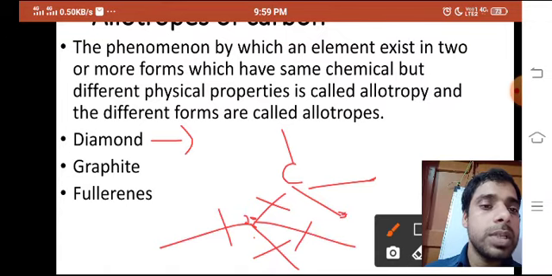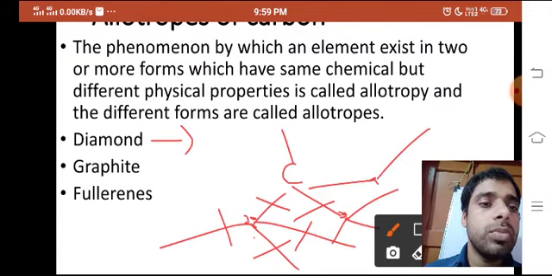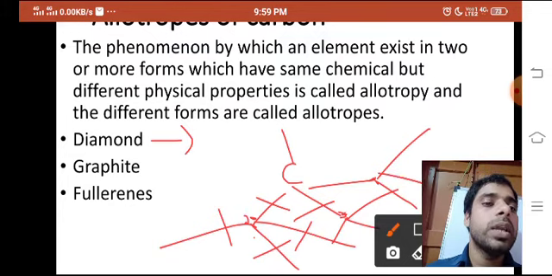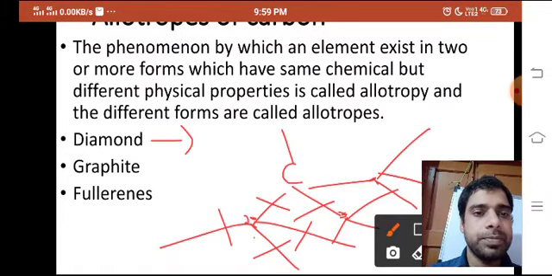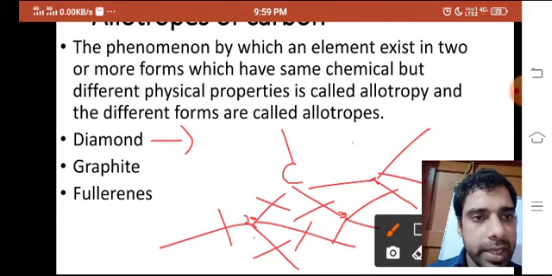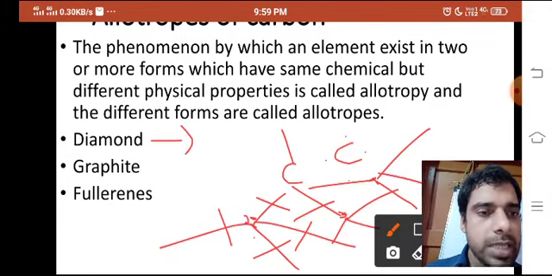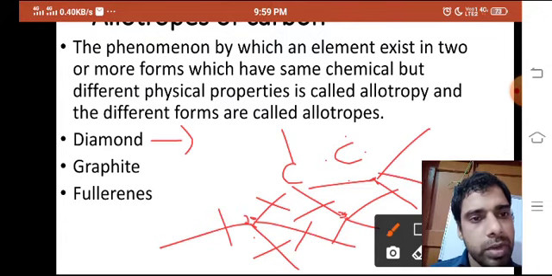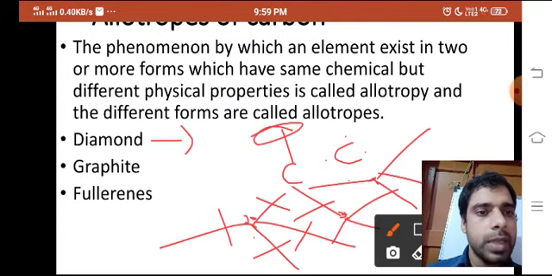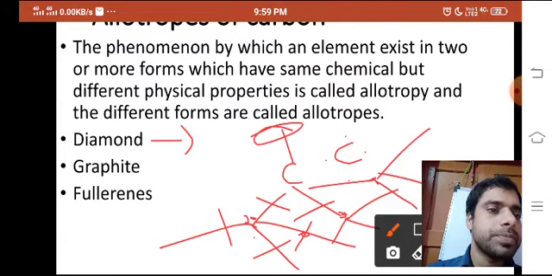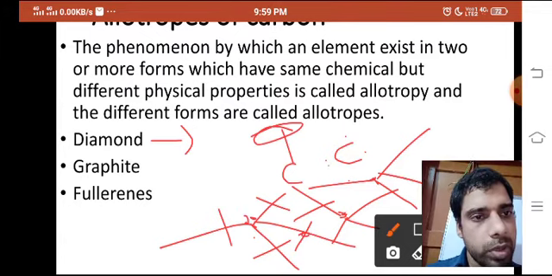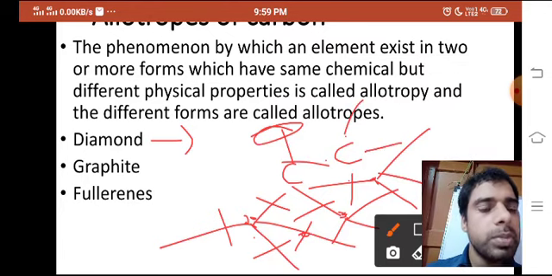And it makes a beautiful structure, diamond. You can see how many electrons there are. Carbon has 4 electrons. Don't talk about the outer carbons; we will talk about the central carbon.